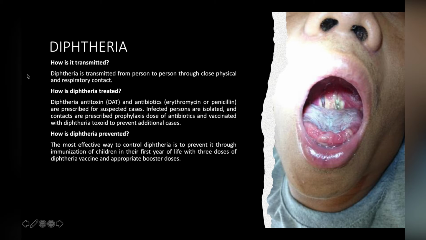Infected persons are isolated and contacts are prescribed a prophylaxis dose of antibiotics and vaccinated with diphtheria toxoid to prevent additional cases. The most effective way to control diphtheria is to prevent it through immunization of children in their first year of life with 3 doses of the diphtheria vaccine and appropriate booster doses.